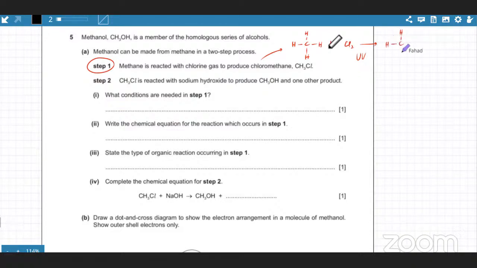So instead of having four hydrogens, methane now has one chlorine. So this is chloromethane now. And the H that gets knocked out also reacts with chlorine to produce HCl. Now, UV light or sunlight is needed for this reaction because it helps to break the chlorine-chlorine bond. So, what are the conditions needed for step one? That's UV light.